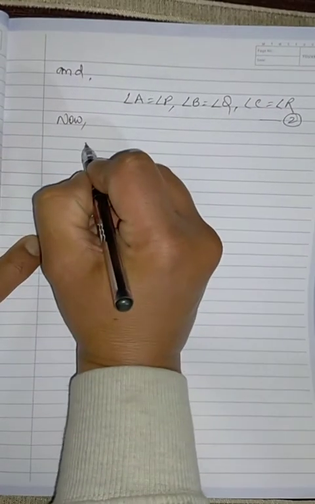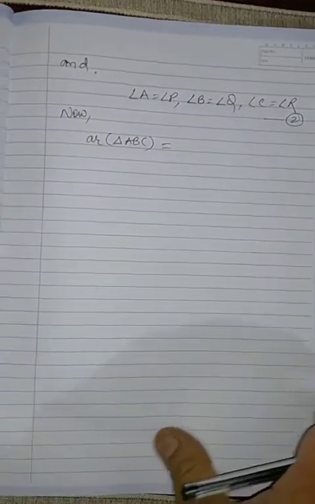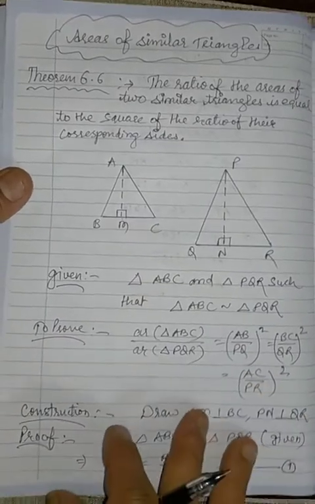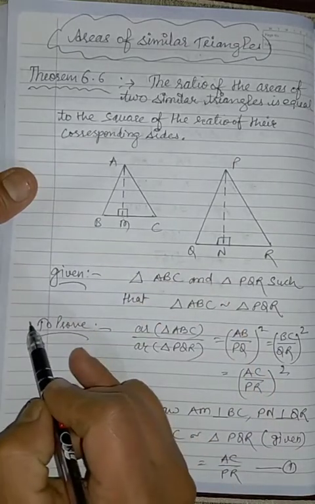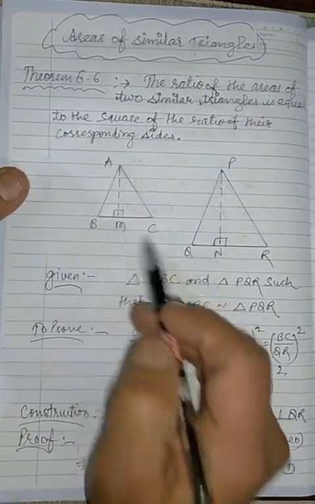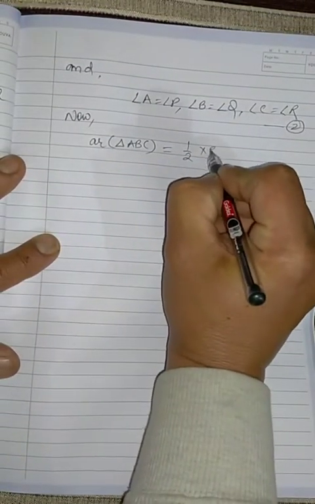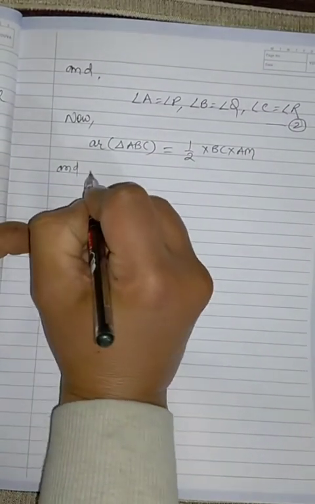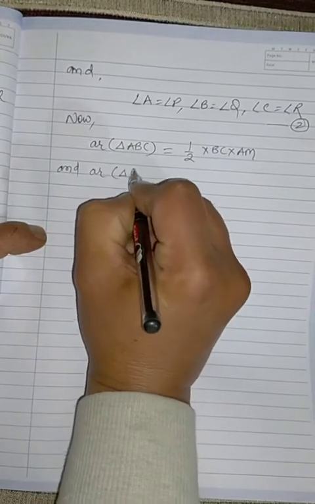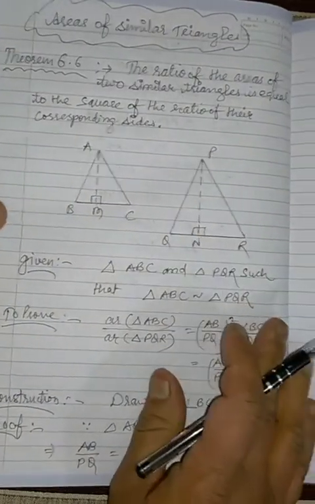Now, area of triangle ABC is equal to half into base into height, that is half into BC into AM. And area of triangle PQR is equal to half into QR into PN.